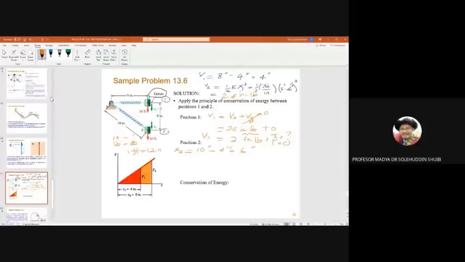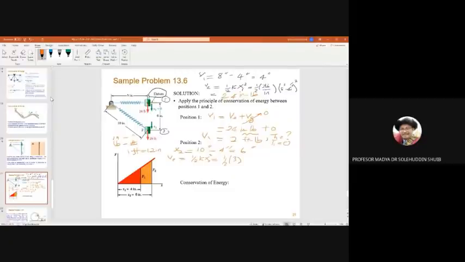In this case, VE equal to half kx2 square. So you get half multiplied by 3.